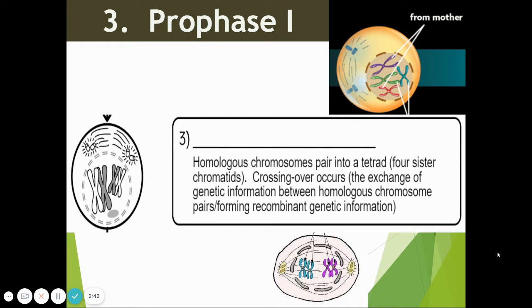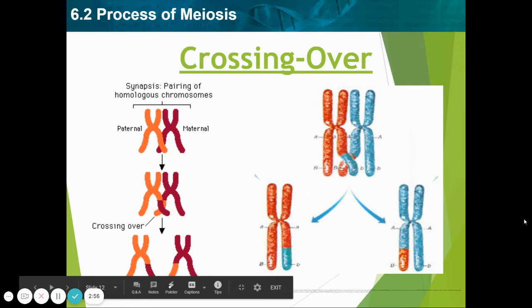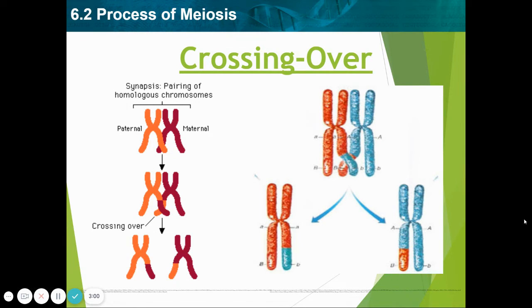So the gene is for eye color, but the version of the gene could be blue or it could be brown. But homologous chromosome pairs have the same genes in the same locations, and they join together at this point, and only at this point, into something called a tetrad. And a tetrad, remember, means four.